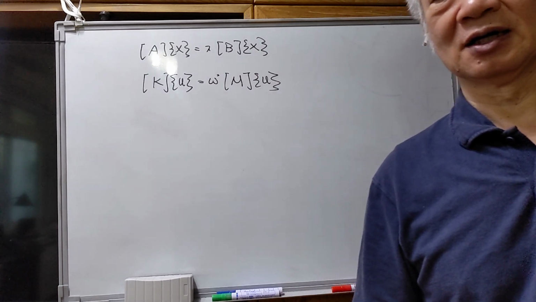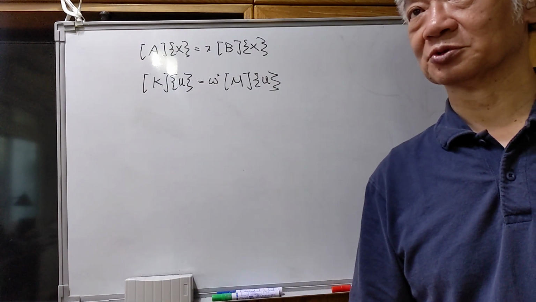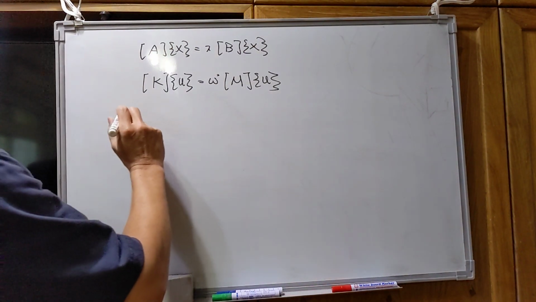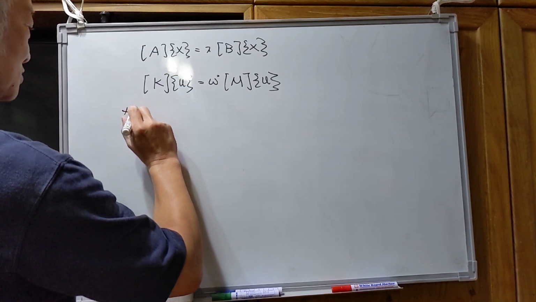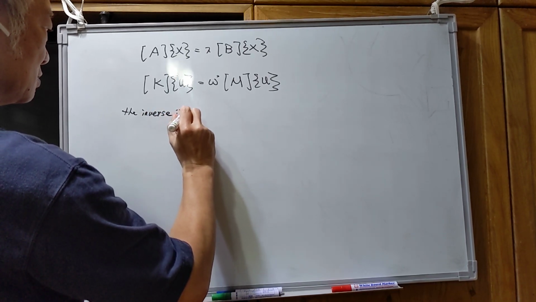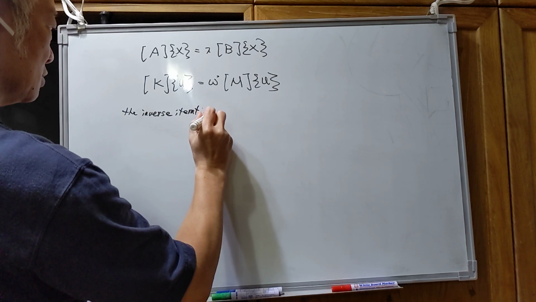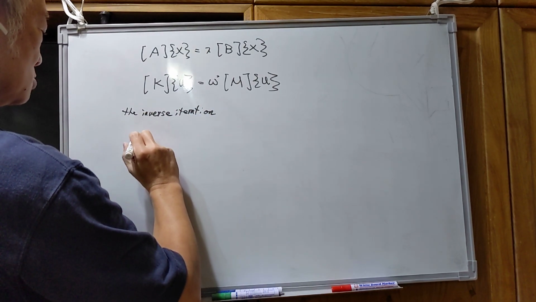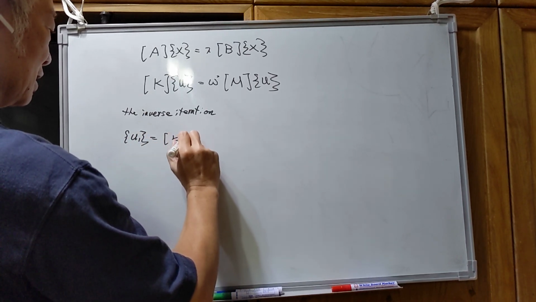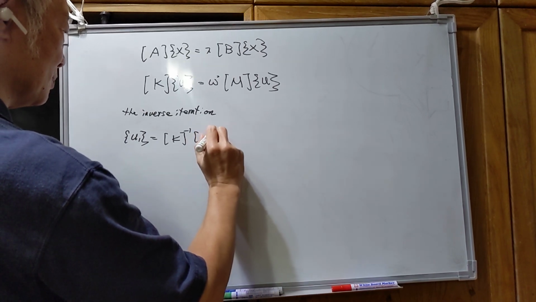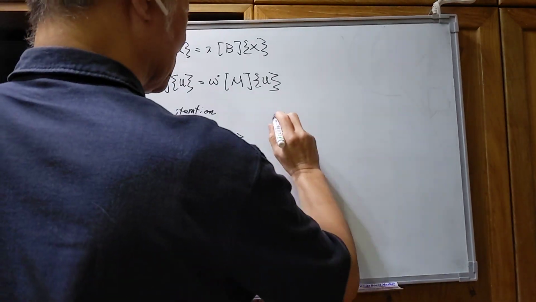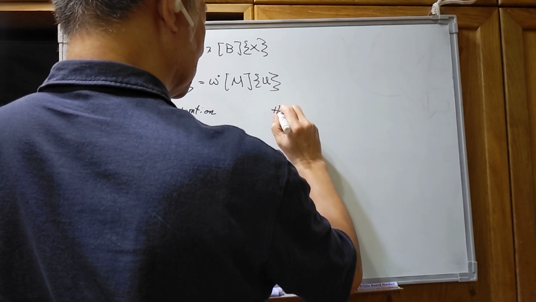And last time I introduced the two different solution methods. We can use the power method. And first we have the inverse iteration. For the inverse iteration method, we will try to get the U1 by the K inverse M. Also, we have the other one, which is the direct iteration.